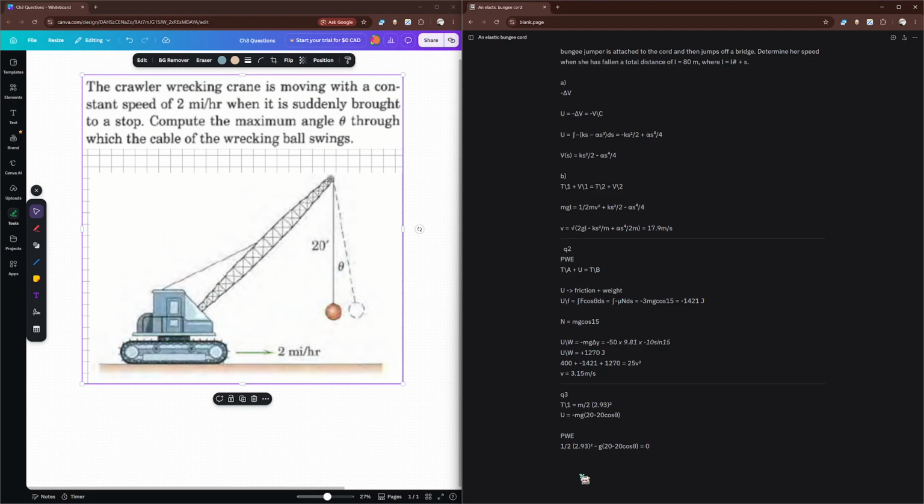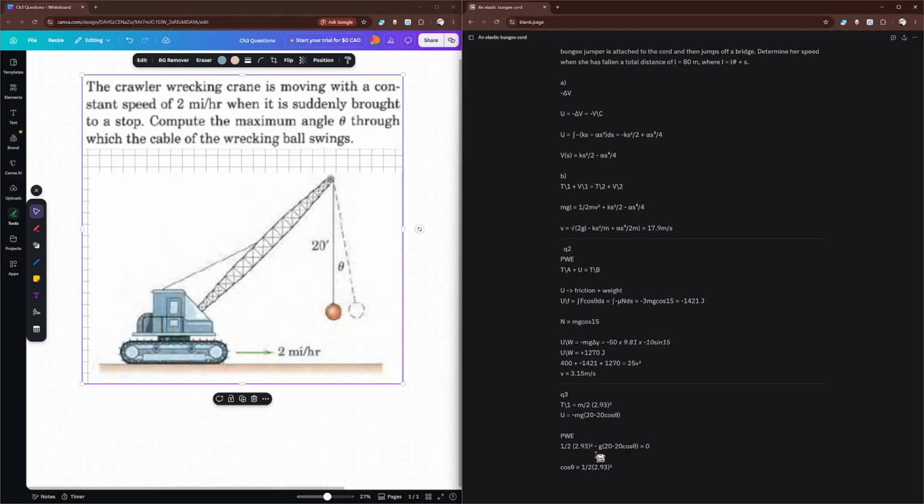So we get cosine theta is equal to the stuff I just said, and these are all constants. Then we would get cosine theta is equal to a half times 2.93 squared.